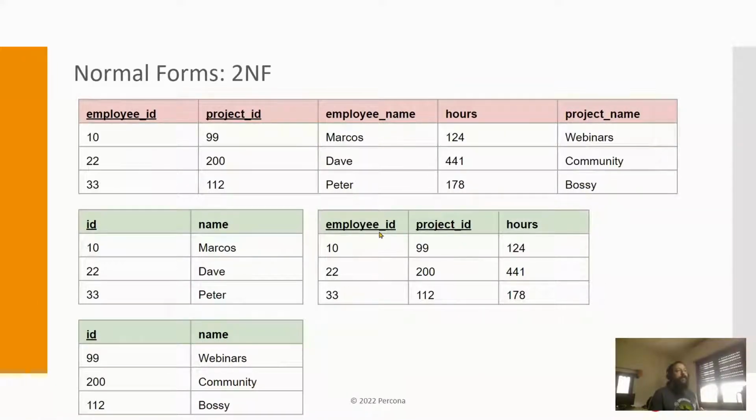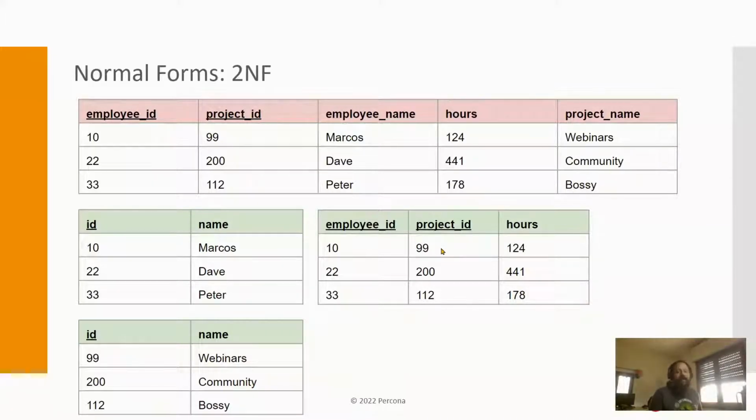And then I don't need to keep my project name and everything else in the project assignments table. The thing is, what if I insert something in the project assignments table with a project ID that doesn't exist? Or what if I try to now delete project 99 and I forget to delete the entries in project assignments that were using project 99?